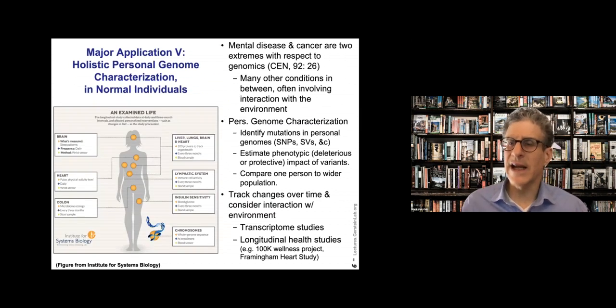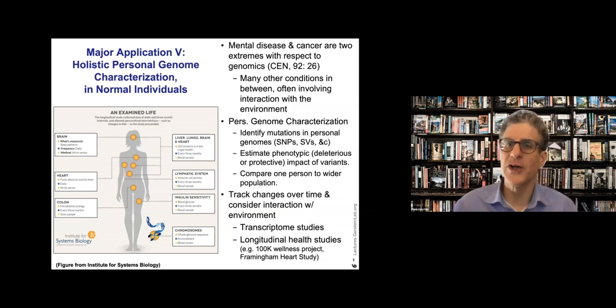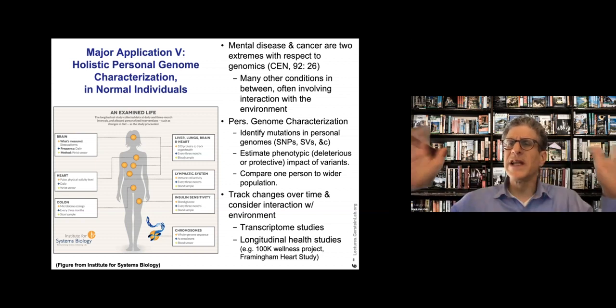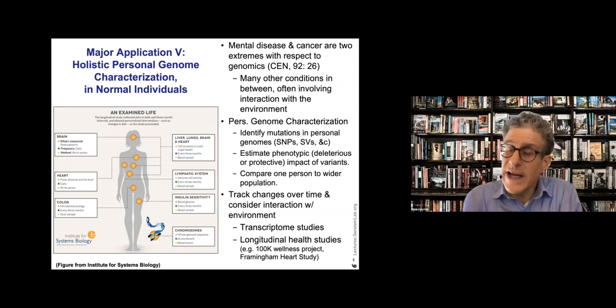And then the last application I'm just going to mention is what I call holistic personal genome characterization. I put this last, of course, because it leads into what we're going to be talking about with Carl. And this is the idea of really looking at a healthy person and building their whole data cloud, all of the information about them, their genome, and as we'll talk about, their phenome, other information, and looking at how it potentially changes over time, longitudinally.